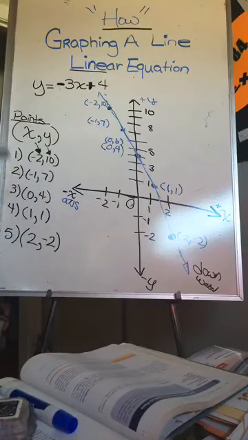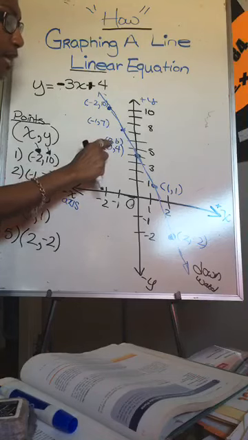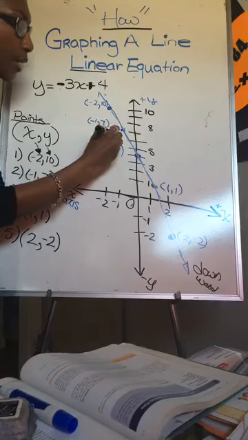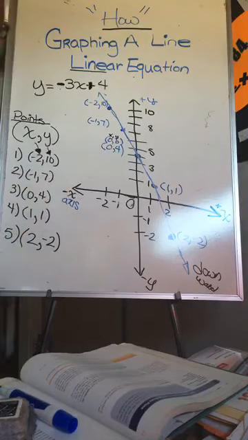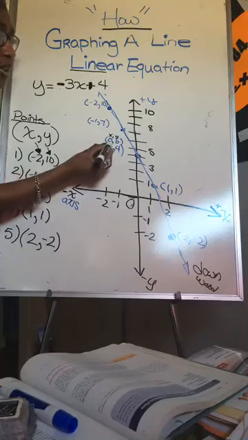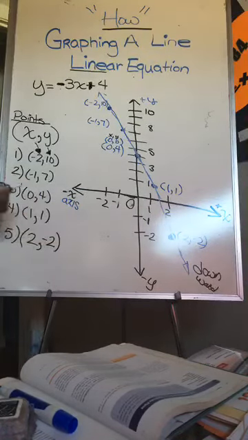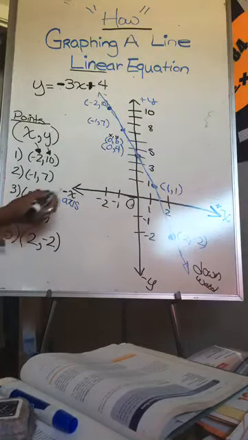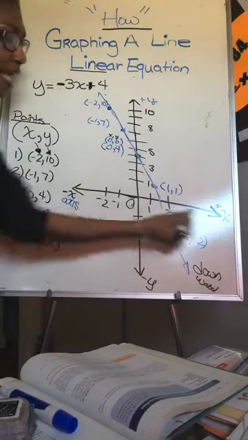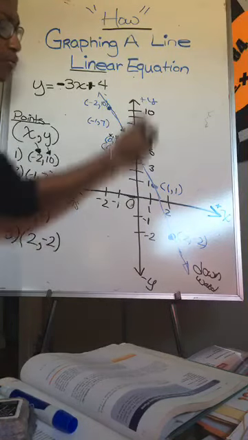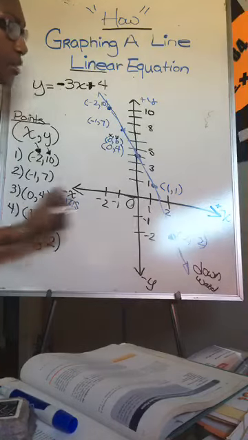4 is your y-intercept, and it's labeled as 0, b or x comma y. It's the same thing. Don't let it confuse you. Don't let it trick you up. Your x and y coordinates, because we're in 2 dimensions, we're not in 3 dimensions. So you have your x-axis and you have your y-axis, horizontal and vertical.